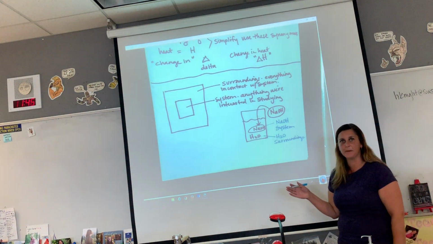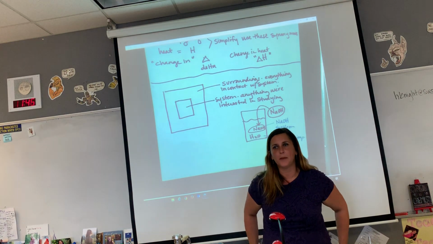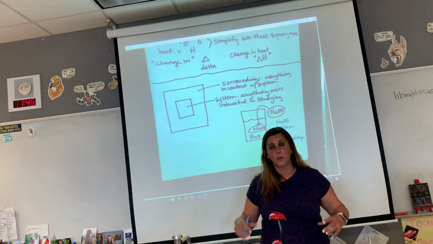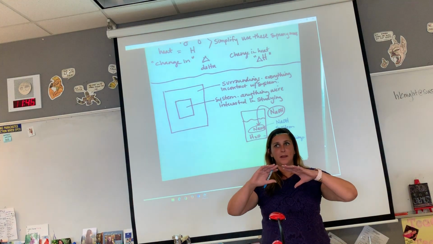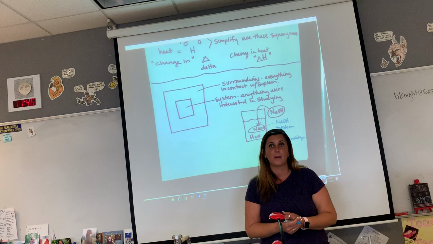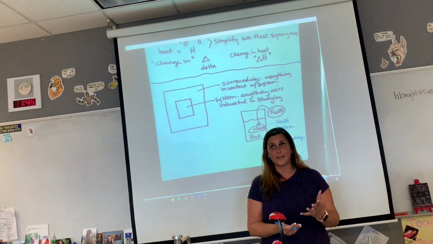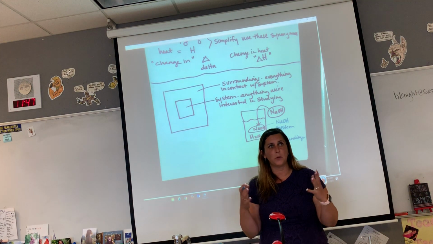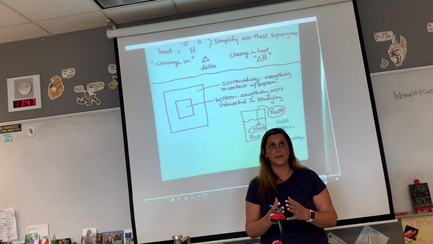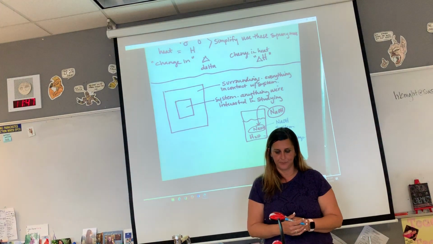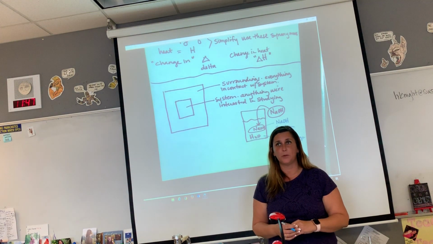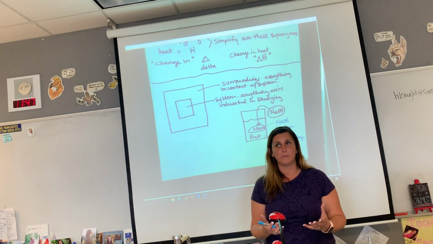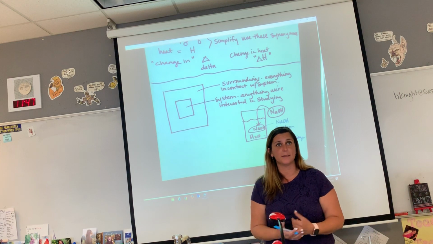And that's just one example. You could think of our solar system as a system, and then the surroundings could be the universe. You could think of Earth as a system and the surroundings as the solar system. So there are all different ways that you can scale down that idea of system and surroundings or make it really big. A really small example would be a cell as a system, and then the surroundings would be the tissue of the organ that it makes up.